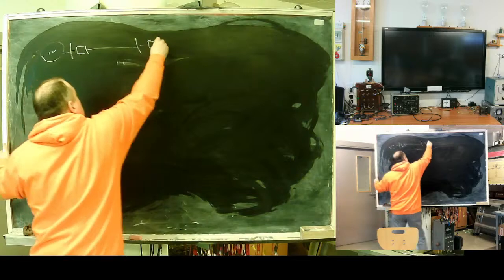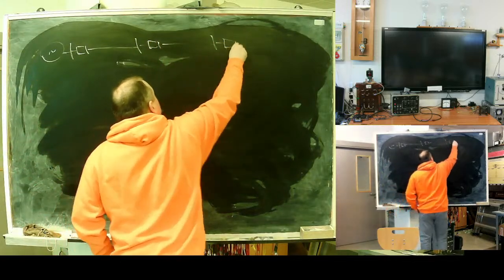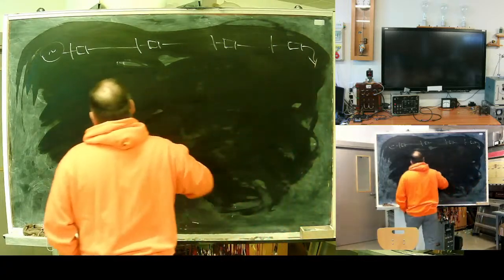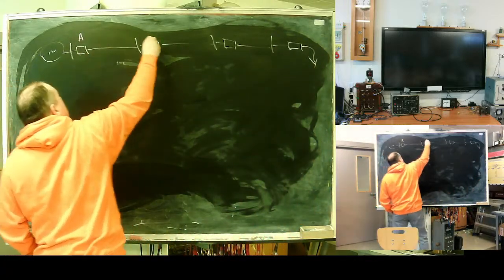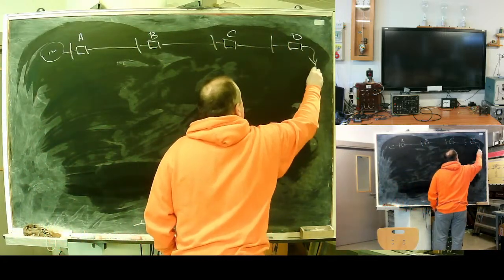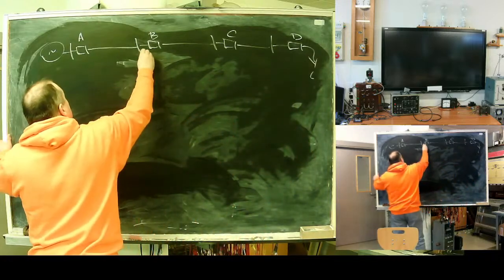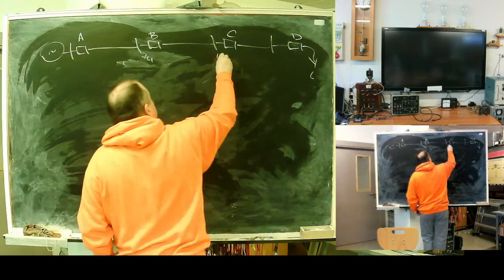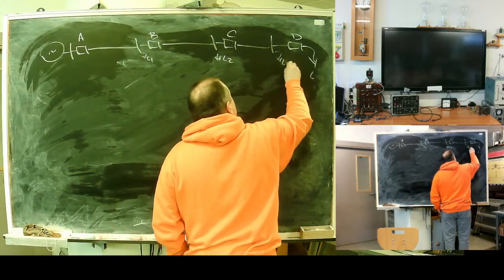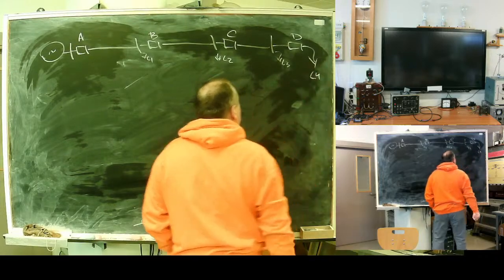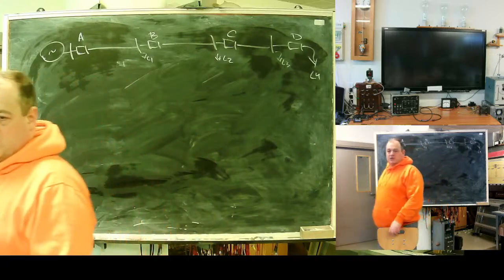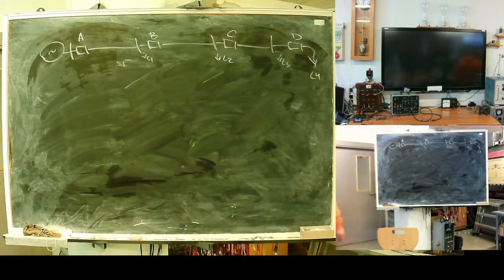One, 2, 3, let's say I have a customer here. I've simplified a bit. Actually, I need to draw lots all along the line. I'm simplifying.